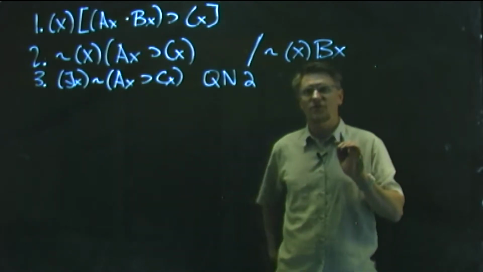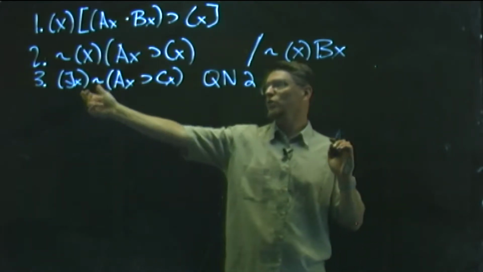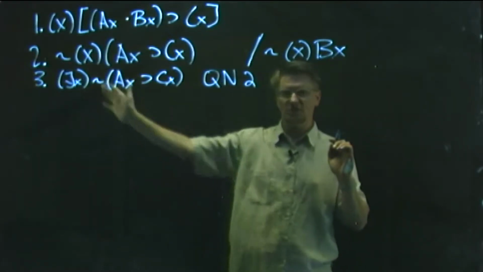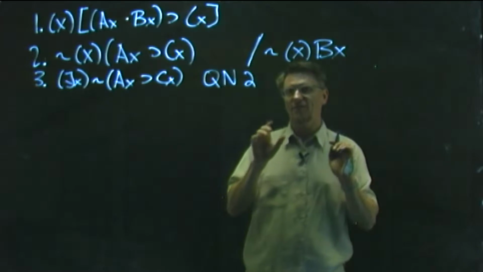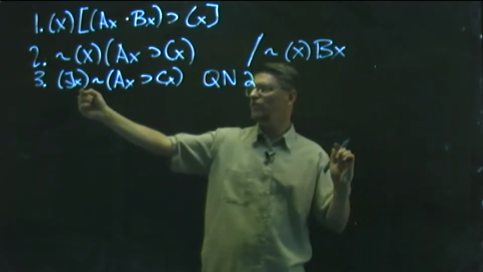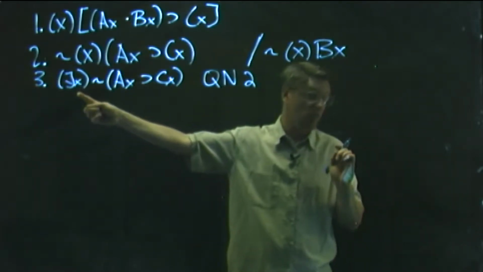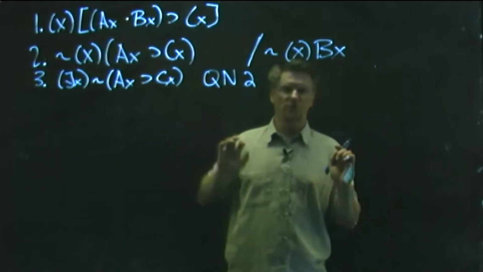And it was a very good idea to start by doing quantifier negation on line 2, moving the tilde out of the way so we can remove the quantifier, because now I recognize that I definitely want to remove this existential quantifier before I remove the universal quantifier.